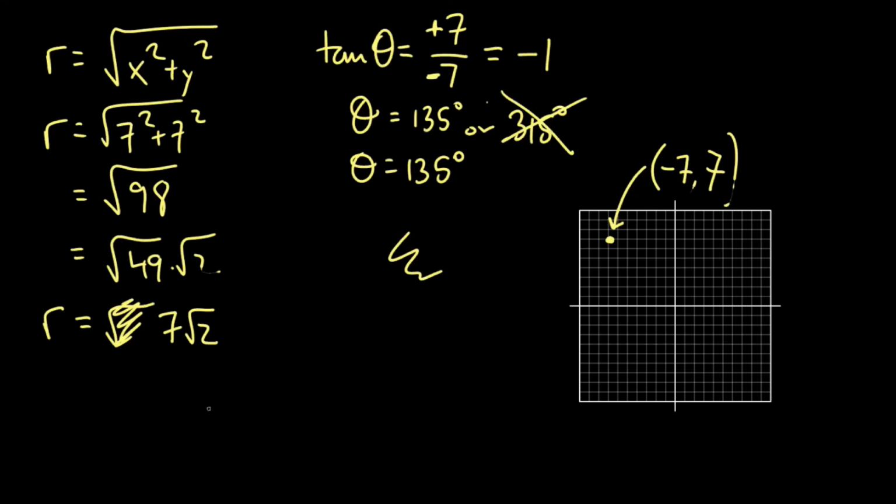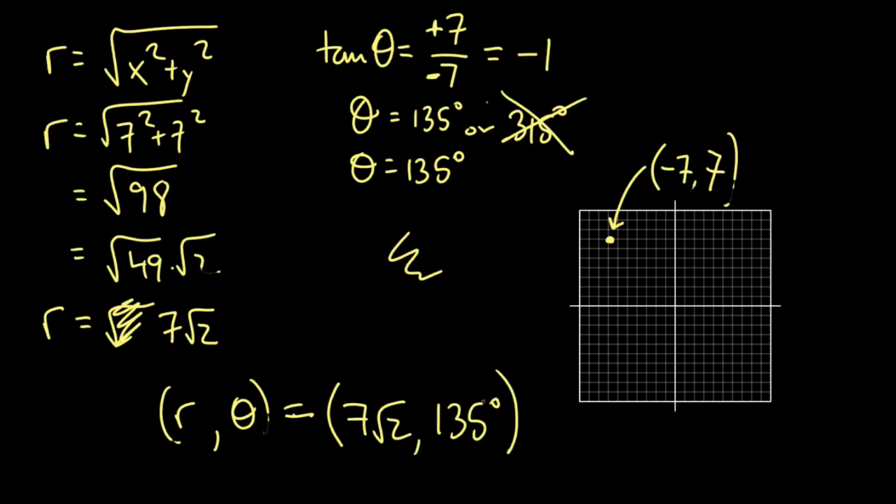And so then in our case, our polar coordinates would be 7√2 and 135 degrees, or if it was in radians, then you'd give the equivalent for radians, which would be in this case 3 pi over 4.